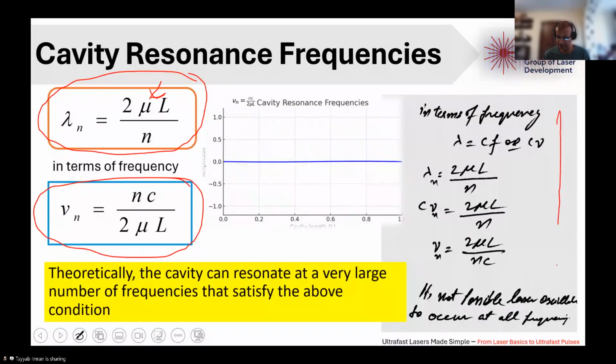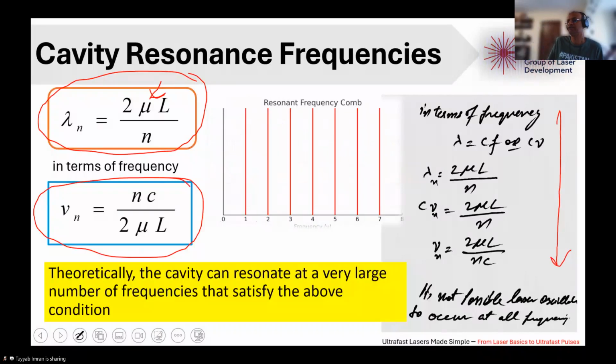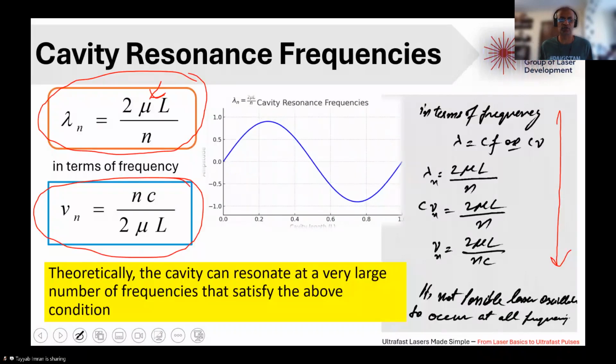These are the steps here. Lambda is equal to c over f, frequency, and then you can substitute and you get the frequency. That is why, because this lambda formula is converted to frequency, we call it the cavity resonance frequencies.